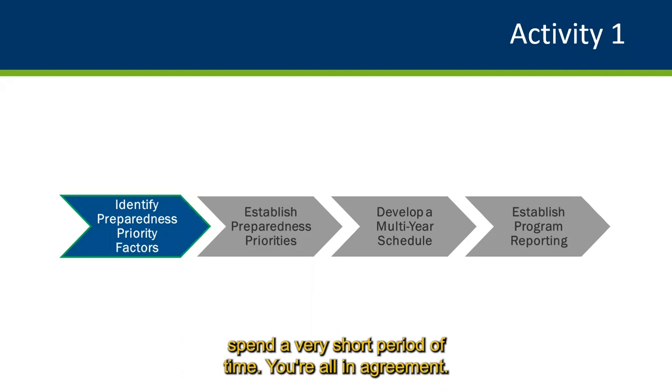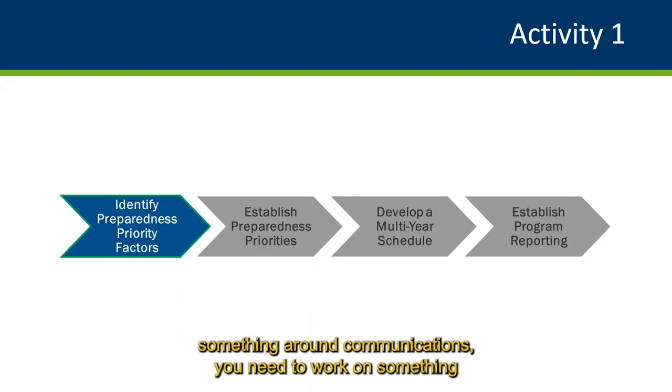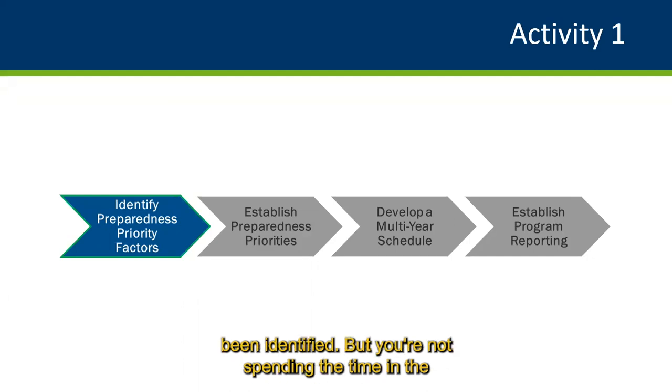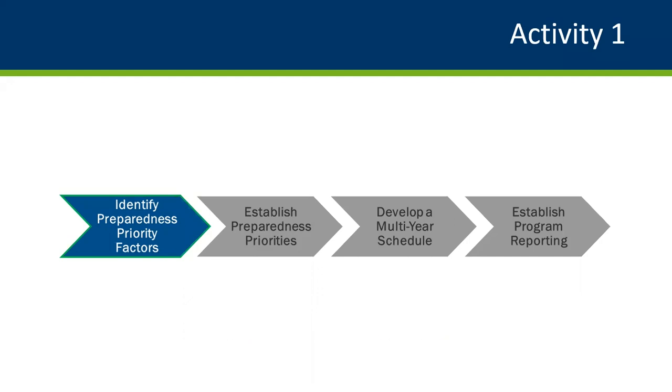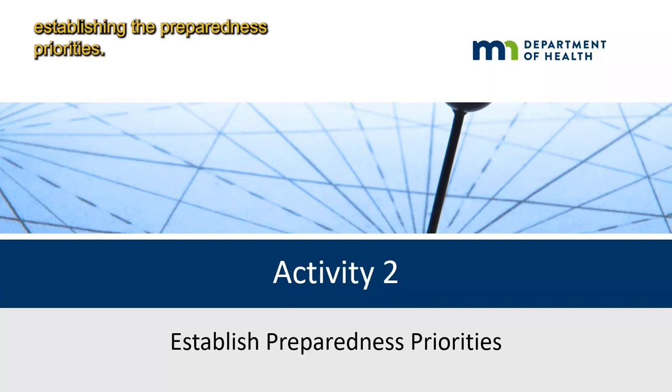By the time you get there, you're all in agreement that you need to work on incident management, you need to work on something around communications, you need to work on something around pediatric medical surge or a particular hazard that's been identified, but you're not spending the time in the workshop to identify all of your preparedness priority factors. That way you can begin to focus on activity 2, which is establishing the preparedness priorities.